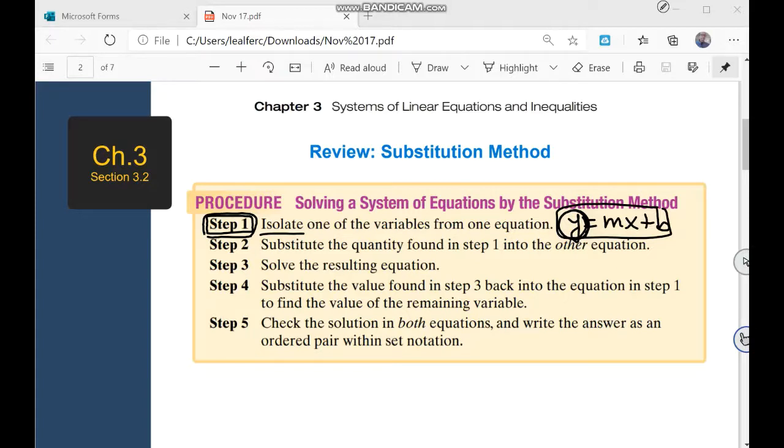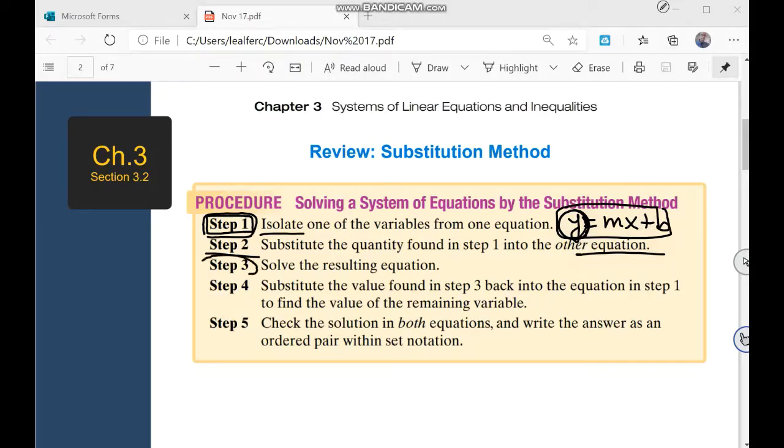Today we will work on step number 2, which is to substitute the quantity found yesterday in step number 1 into the other equation, the second equation. This is what we're going to do today, step number 2.